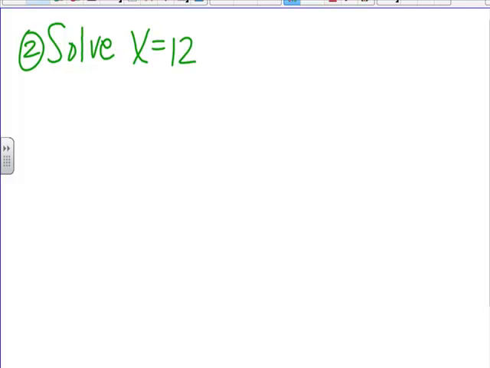Okay, 2 more problems. Solve x equals 12 to the y in terms of x. Now, this is really a very similar question, forcing you to realize that the only way you can solve for y in this case and write it in terms of x is to realize that y is in the exponent position and a logarithm is an exponent.